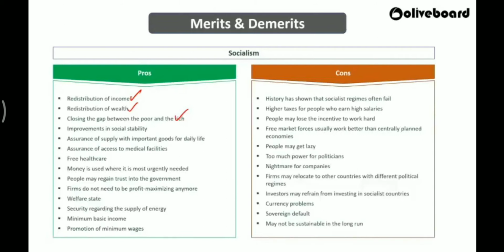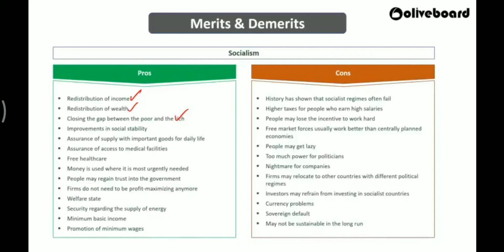I should try to get as much as possible. I try to redistribute the wealth. I'll make sure that in my country or in my economy, everybody has a certain level of income. So that is the main motto of socialism. That is where redistribution of income, redistribution of wealth happens. I will take from the place of excess and give it to where it is required.